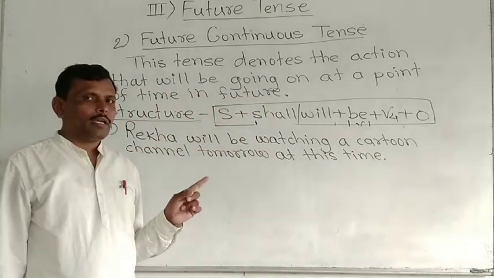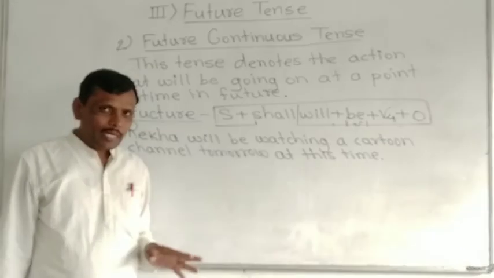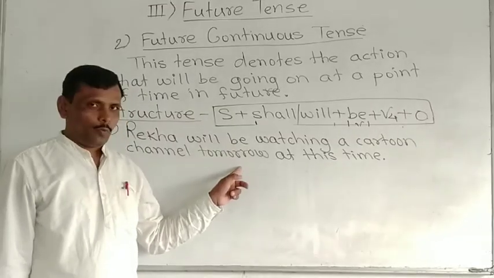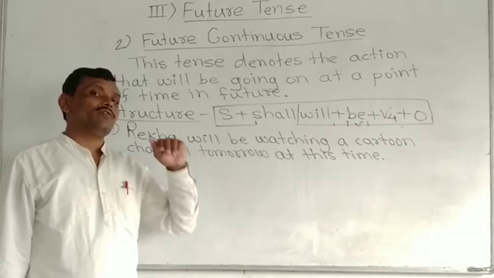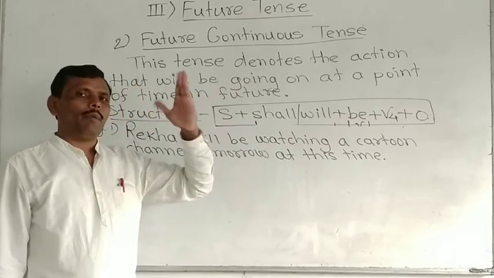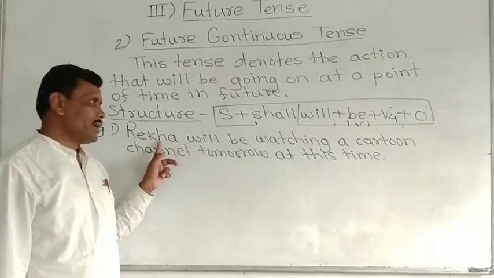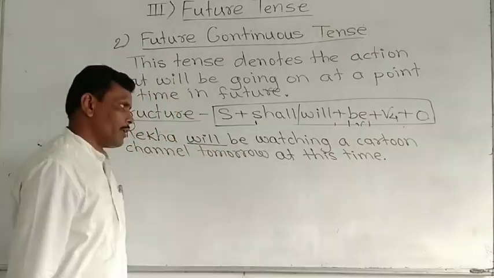We are speaking about the action that has not yet happened. It will happen tomorrow at this time. Okay, tomorrow at this time this action will happen. We are speaking about future action. See here, Rekha is a subject. Then after Rekha we have used will as an auxiliary verb.